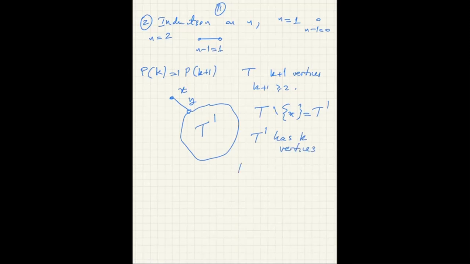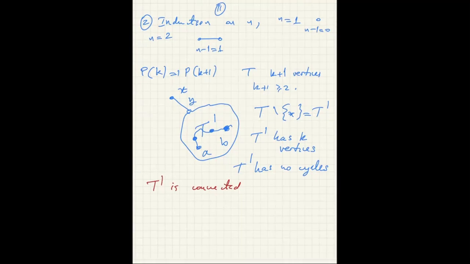T prime has no cycles because it's obtained from T, which didn't have cycles, by deleting something. And there's one thing you have to argue, which is that T prime is connected. You have to argue that if you give me any 2 points A and B inside T prime, there is a way to get from one to the other. Why is that? Because T was connected, there is a path from A to B inside T. And every vertex inside that path must have degree 2.